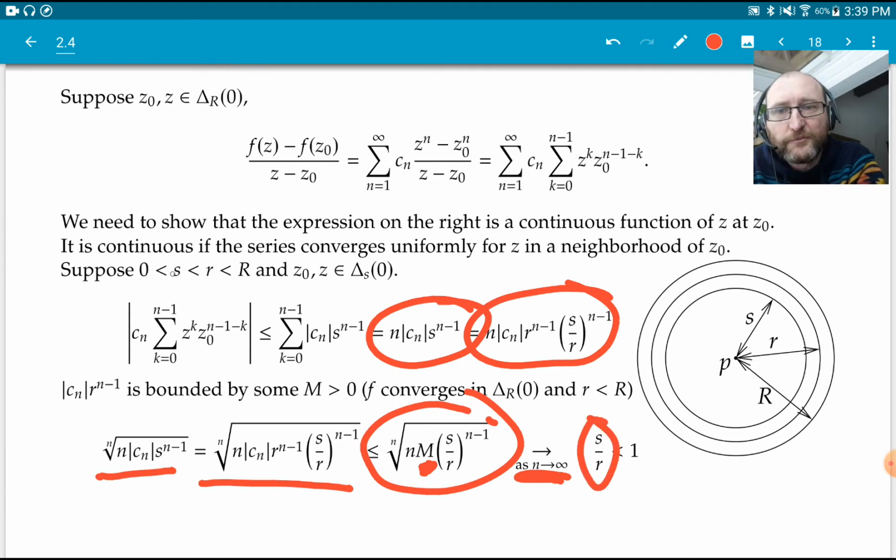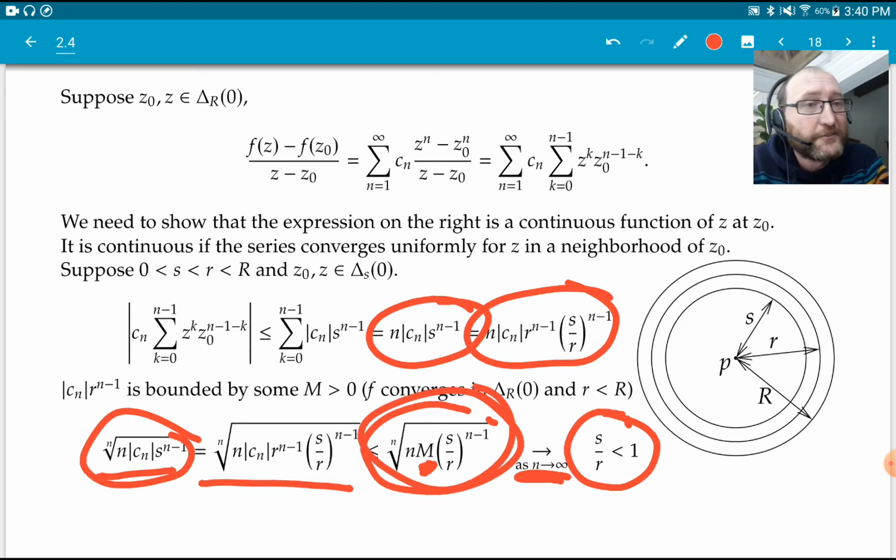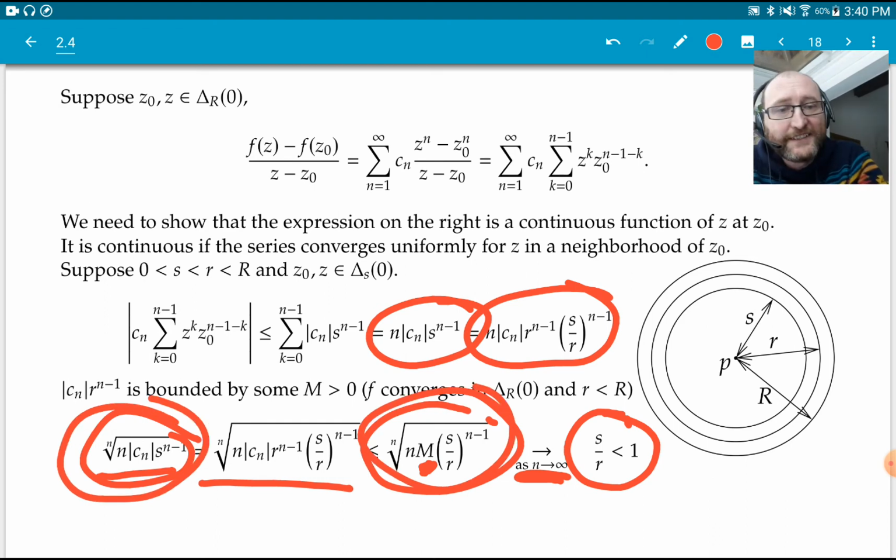The point was that we picked s to be less than r, so that the limit, or really the lim sup of this, is strictly less than 1. We don't know if the limit exists, but the lim sup of this is definitely strictly less than 1.